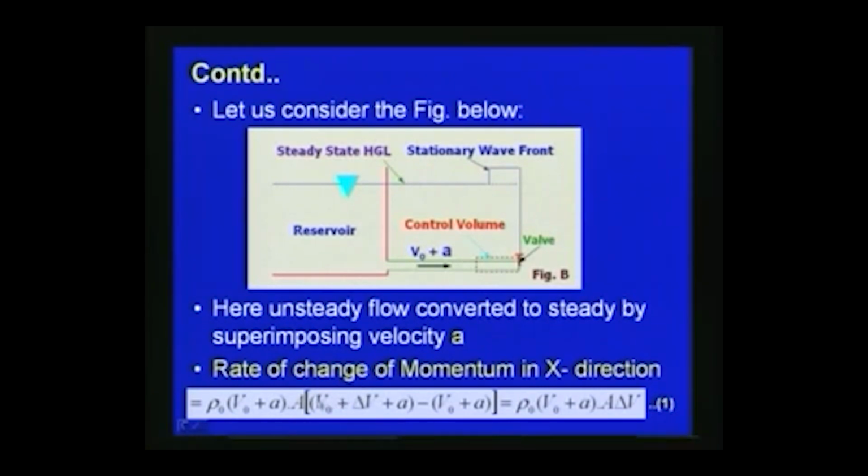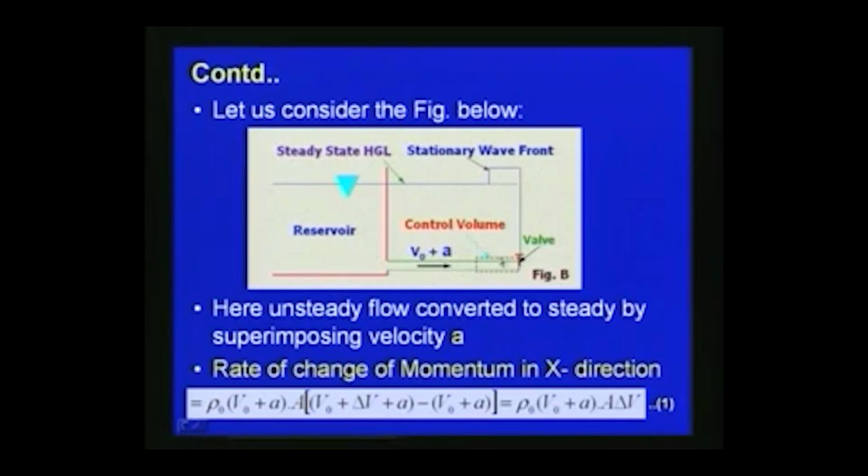The velocity change is in brackets V0 plus delta V plus A minus V0 plus A. So, that is equal to rho 0 into V0 plus A into delta V. This equation number 1 gives the rate of change of momentum in the x direction, which is the direction we consider.